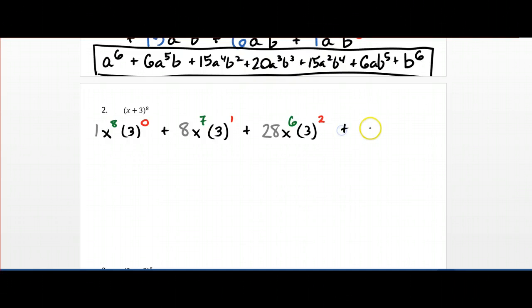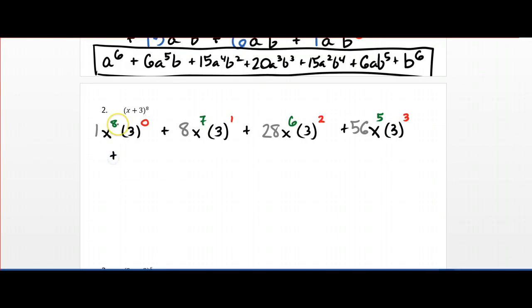Next term, we go to the next number in Pascal's, which is a 56, so we have 56 x to the 5th power, 3 to the 3rd power.